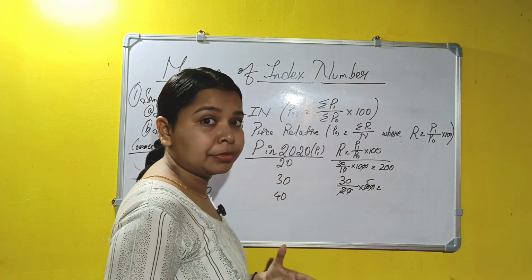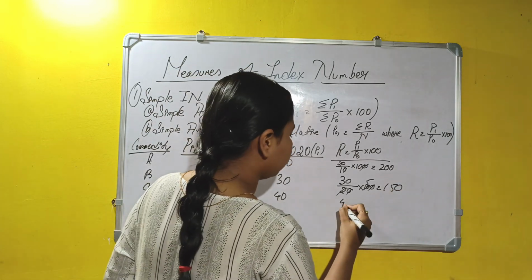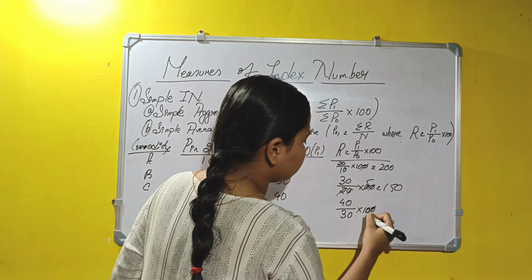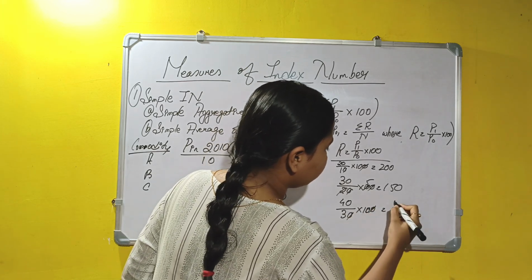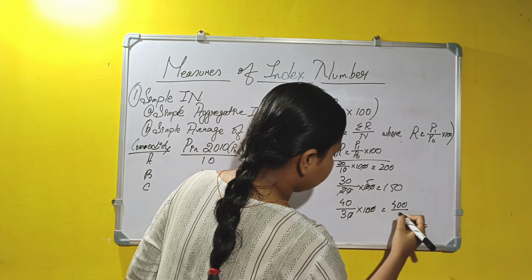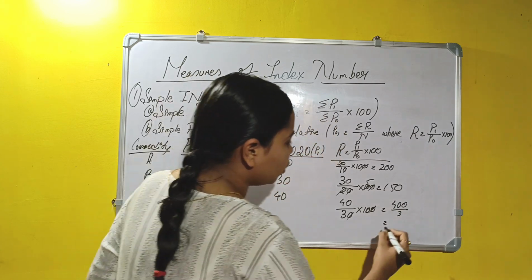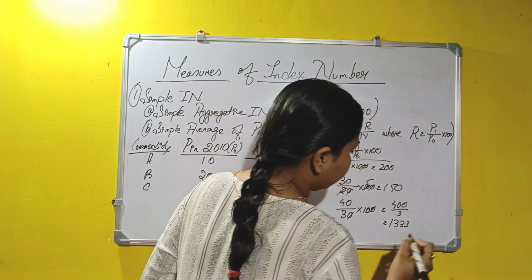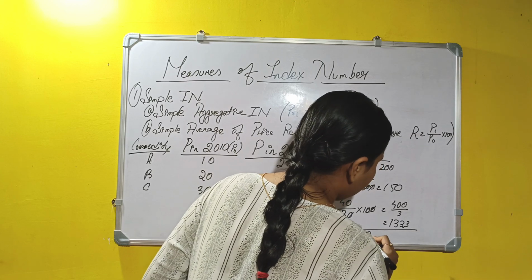I'm breaking down every bit for you to understand. And the last is 40 divided by 30 into 100. Now this will give you decimal values. So 400 divided by 3 will be equal to 133.3.